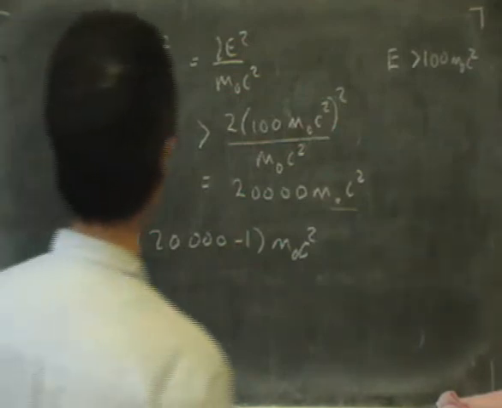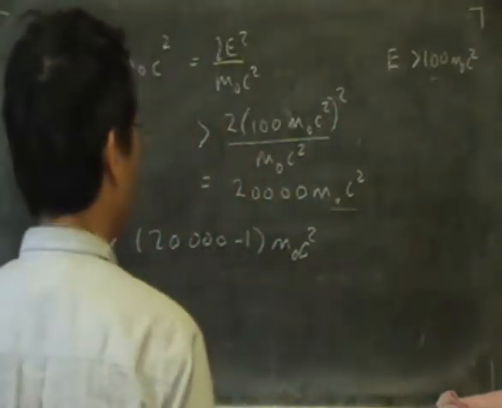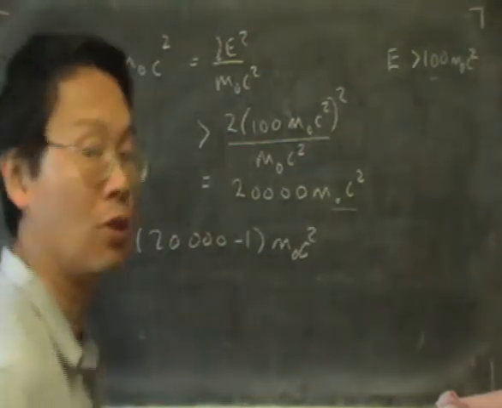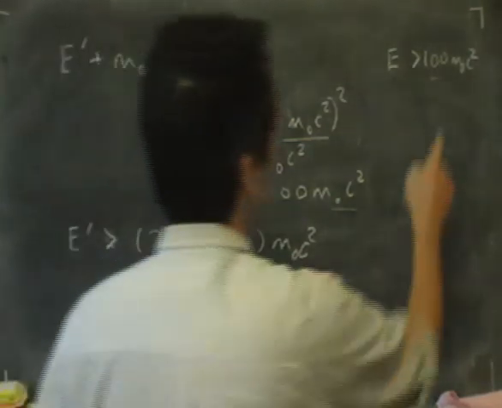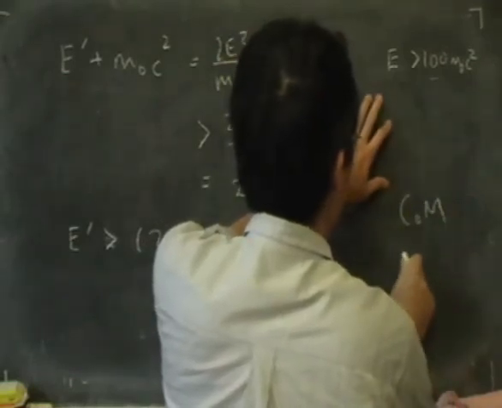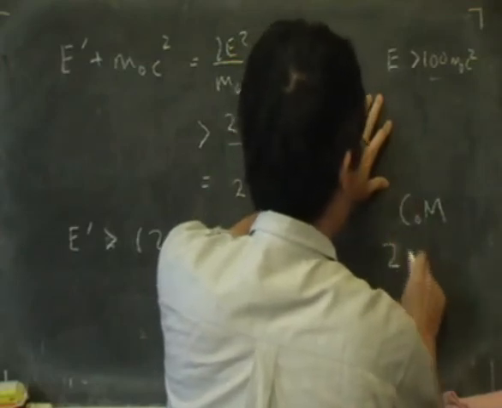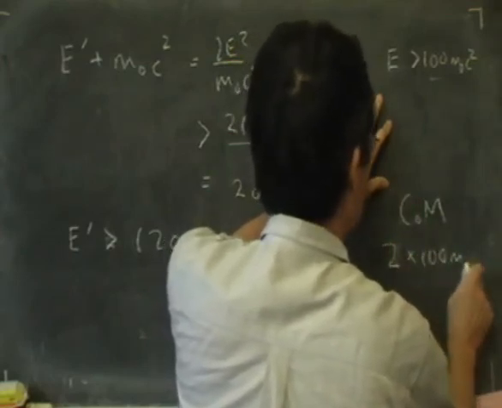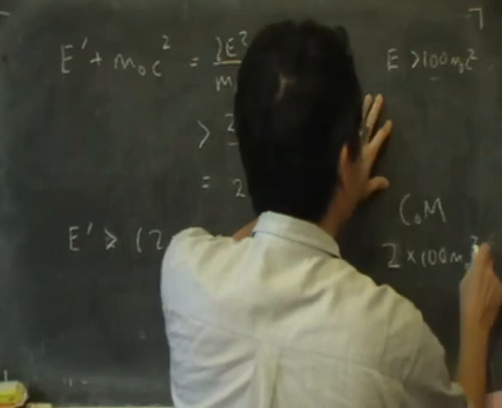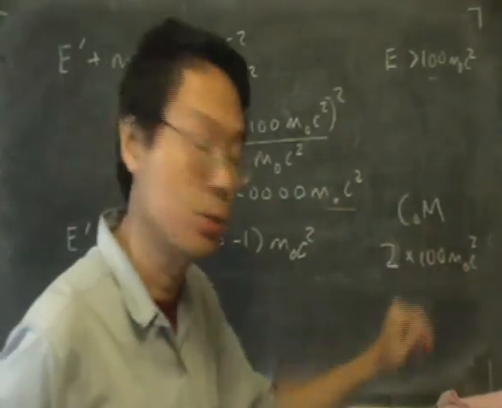Now if you compare this with the energy that is needed in the case of the center of mass frame. The center of mass frame requires at least twice of that for one proton, so twice the 100 m naught c squared, 100 m naught c squared for each proton.